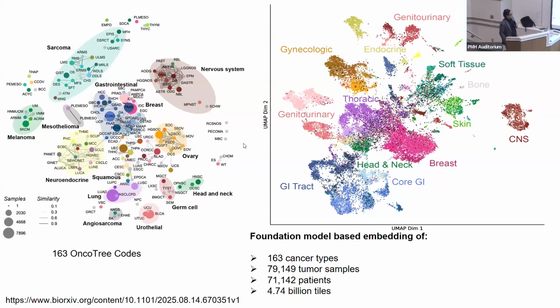The scale of this is 163 cancer types, about 80,000 tumor samples, 70,000 patients, and ultimately what goes into this model is in the range of 5 billion tiles that we decompose the images into. That's the scale of this data. Because we're using a pre-trained transformer model, we don't have to do the end-to-end training.